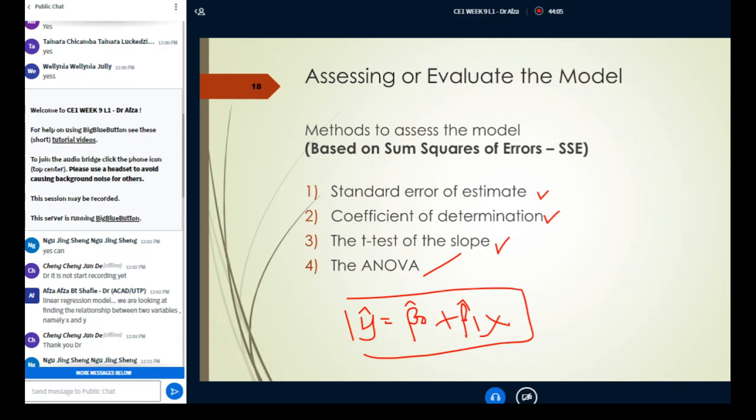Okay, so let's look at two techniques first for today. Then we'll do the t-test and the ANOVA later. So what is standard error? Standard error is actually standard deviation.